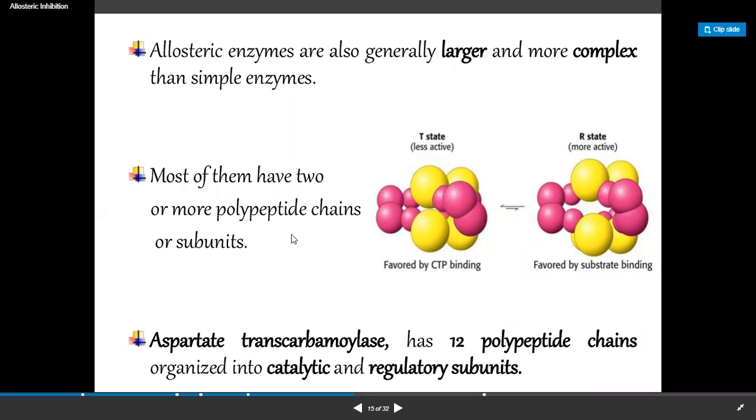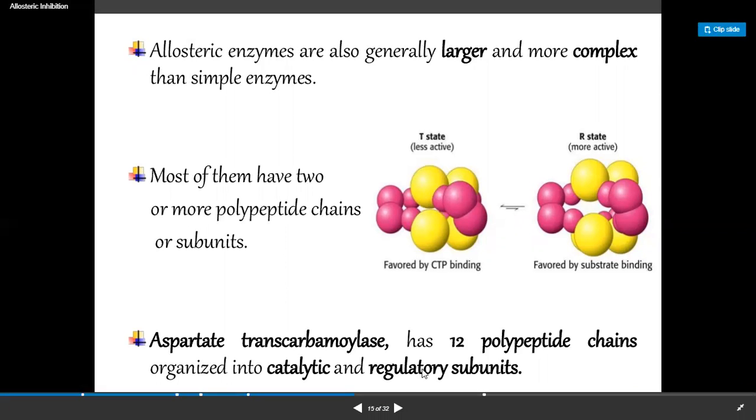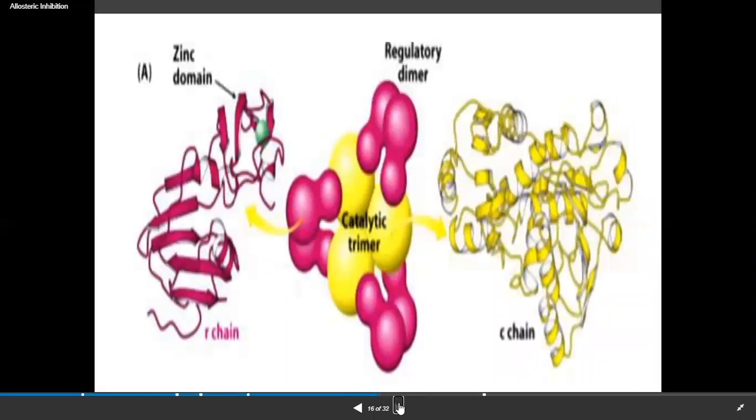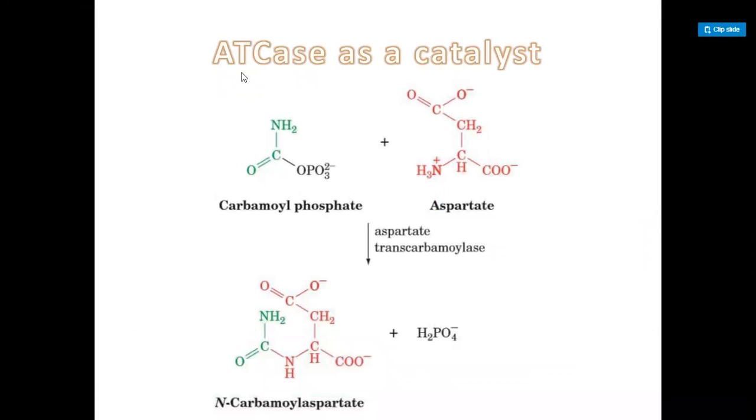Most of them have two or more polypeptide chains, and aspartate transcarbamoylase has 12 polypeptide chains organized into catalytic and regulatory subunits. The example of these catalysts is ATCase, which is also an allosteric enzyme.